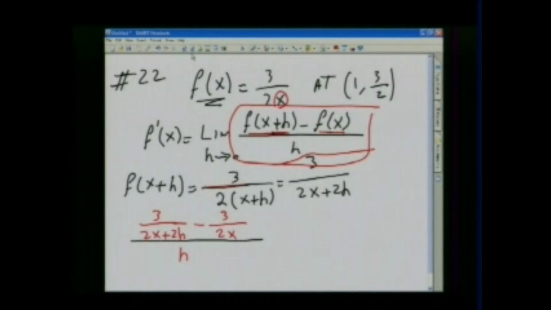Now, if I take the common denominator in the numerator, it would be 2x times 2x plus 2h.